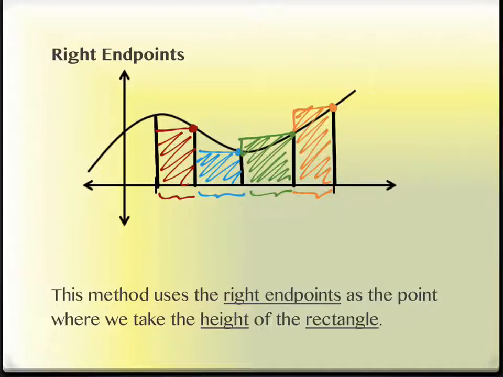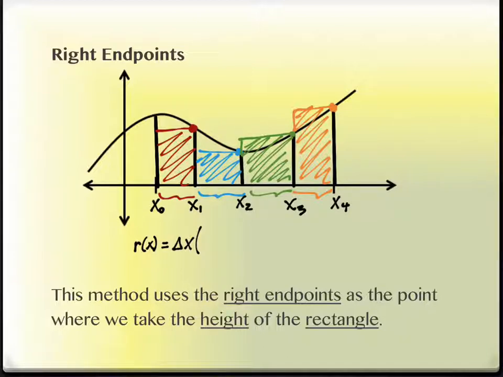And as you're taking a look at how we labeled them before, this is still x0, x1, x2, x3, and x4. And I still have my, and I'll call it R of x for right endpoints, since I did L of x in the last one. I still have the delta x's times each one of them. The difference is now that my first height is not at f of x0. What's my first height?